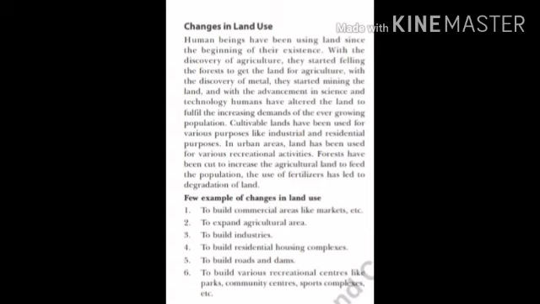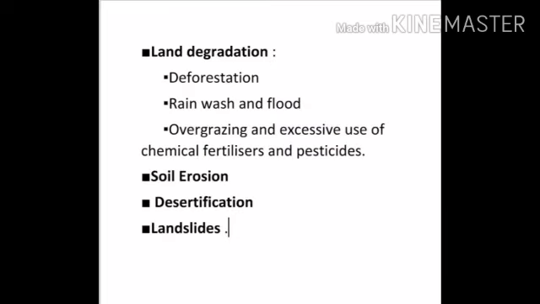Due to the expansion of agriculture and construction activities, the major threats to the environment are, let's see, first, land degradation. Land degradation can be caused by deforestation, which means cutting down trees and clearing forest to clear land for construction or other use.